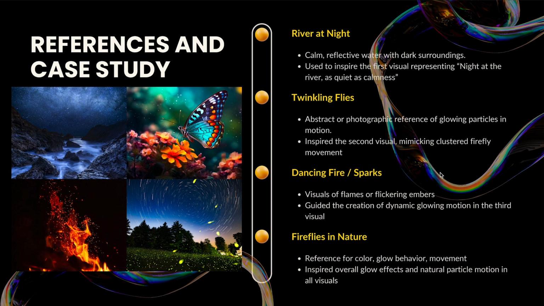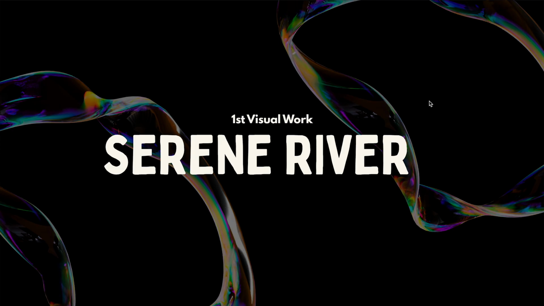So let me now walk you through each of the 4 visuals, and how they correspond to different parts of the poem. The title of this visual work is Serene River.